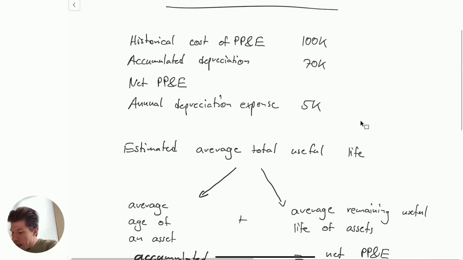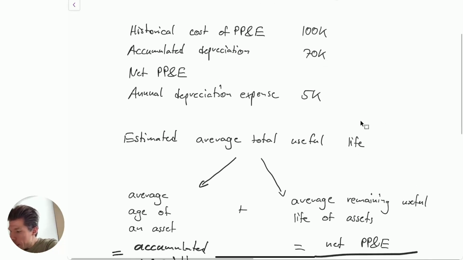So if we take this example here, let's say we have bought an asset base of a historical cost of PP&E of 100K. So you had 100K reflected in your balance sheet. And then the entire asset base has different useful lives, but overall your accumulated depreciation for this asset base is 70K. So 70K has already depreciated over a few years.